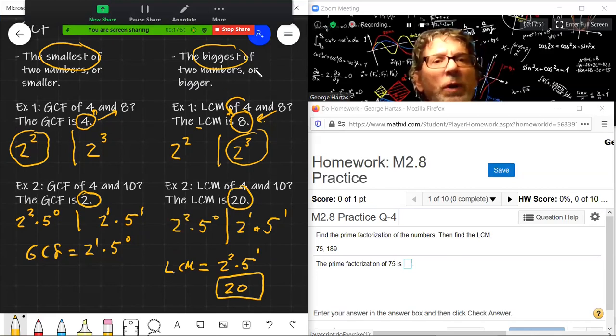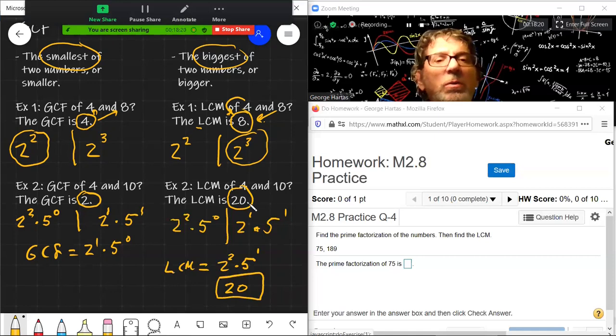The biggest of two numbers or bigger. Notice that the LCM is bigger than the bigger of the two numbers. And that's what I mean by or bigger. The LCM could be bigger than the bigger number because 4 does not divide into 10. 4 divides into 8. That's why 8 was the LCM here. But here, 4 does not divide into 10.